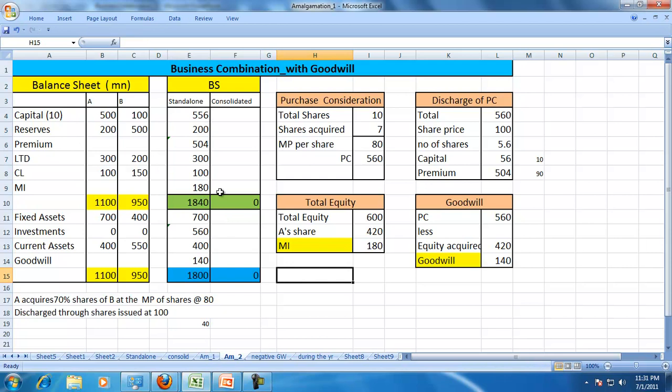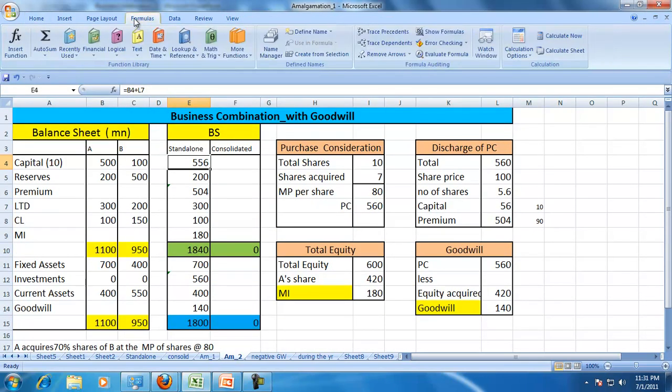We'll check once again. So the capital will increase by 56. We are not preparing the consolidated balance sheet, so no goodwill is required, no minority interest is required. I'm sorry for that.